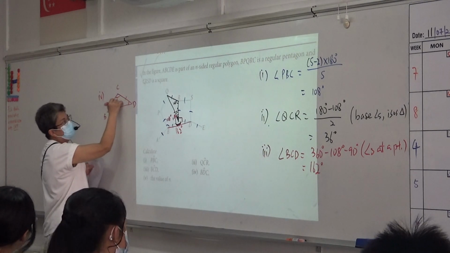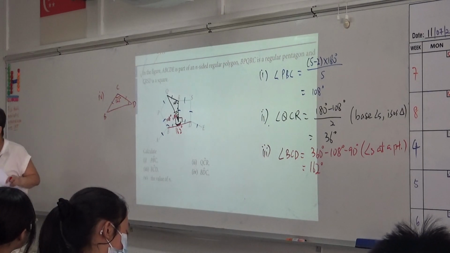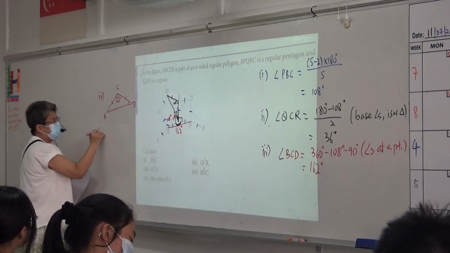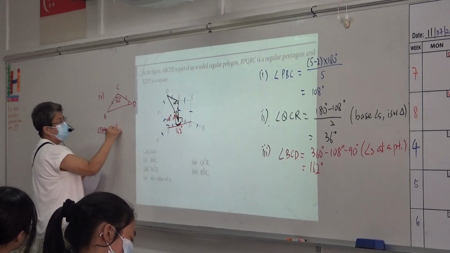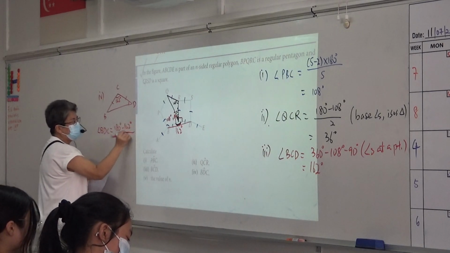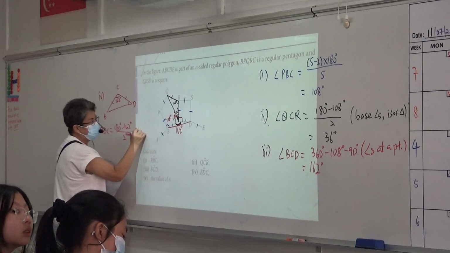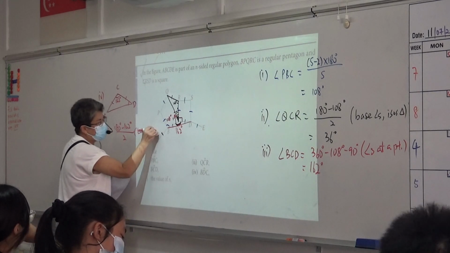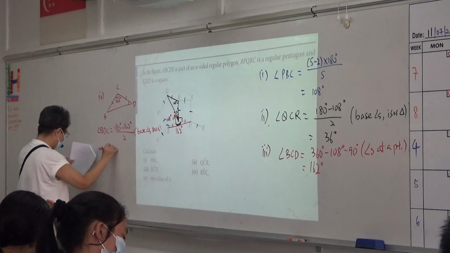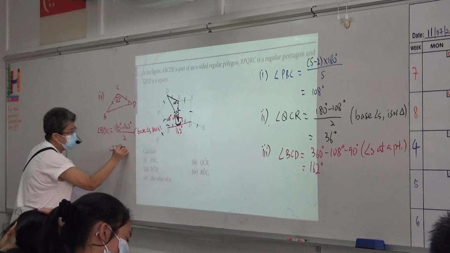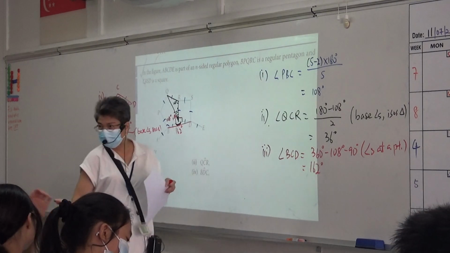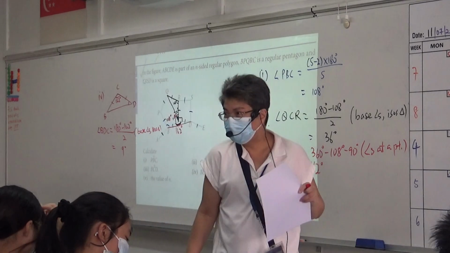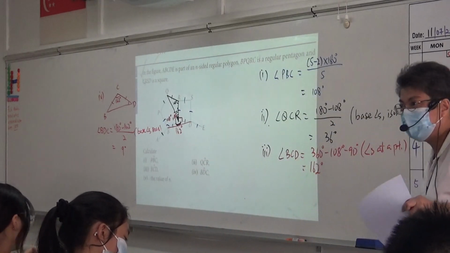This is what? 162, right? How to find angle BDC? 180 minus 162 divided by 2. What's the reason? Base angles of an isosceles triangle. So you will get 9 degrees. Understand? Is this 9 degrees?